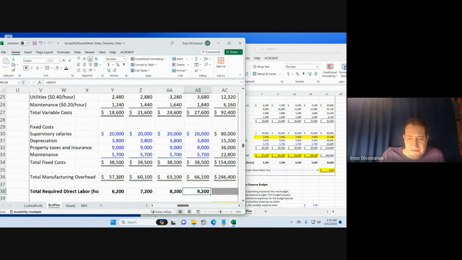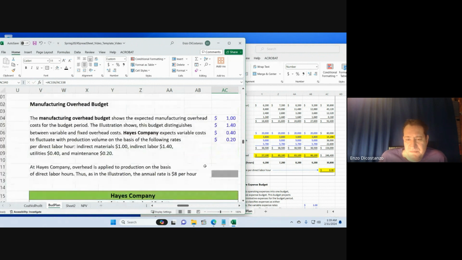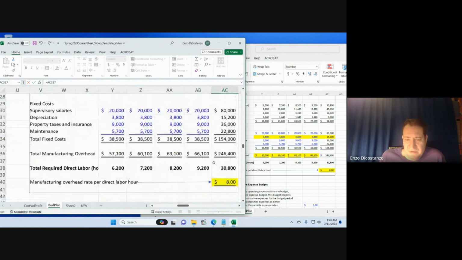This was just done here. These are all hours for the year, 30,000 hours. And this 8 is equal to the overhead number divided by the 36, which is, yeah, there's your $8, which we said right there. You can maybe make it equal if you wanted to, something like that.